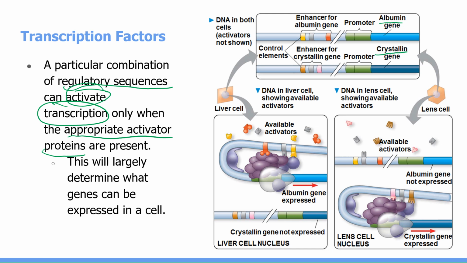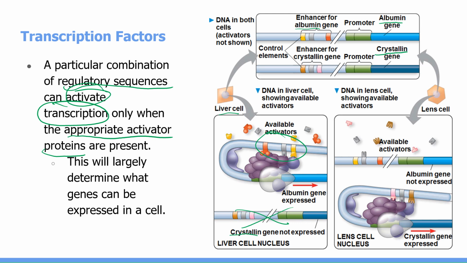When we look at the liver cell, the activators for the albumin gene are there, while the crystallin gene's are not, thus it is not expressed. These activators bind and help RNA polymerase undergo transcription.